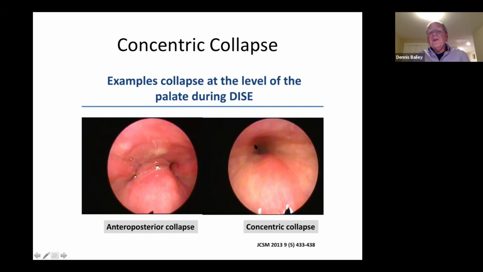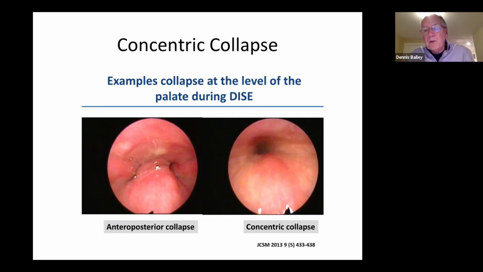When there is concentric collapse on DISE, the patient is deemed to not be a responder to hypoglossal nerve stimulation. Now let's take this and extrapolate it to oral appliance therapy. Could this be the same effect, in certain endotypes and certain phenotypes, the reason that these patients don't respond to oral appliance therapy?